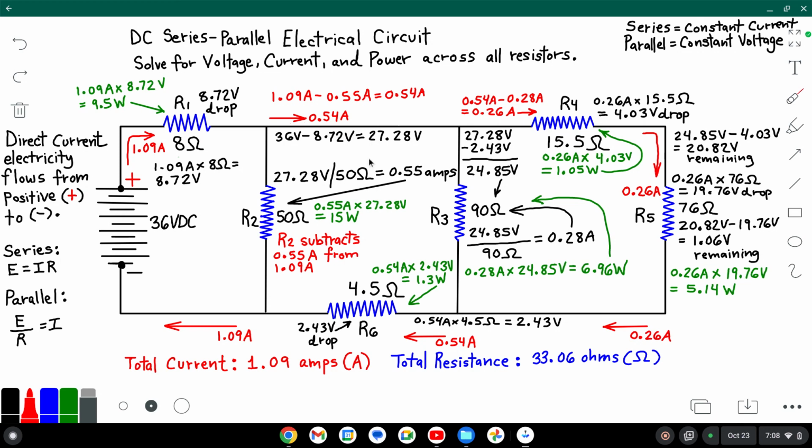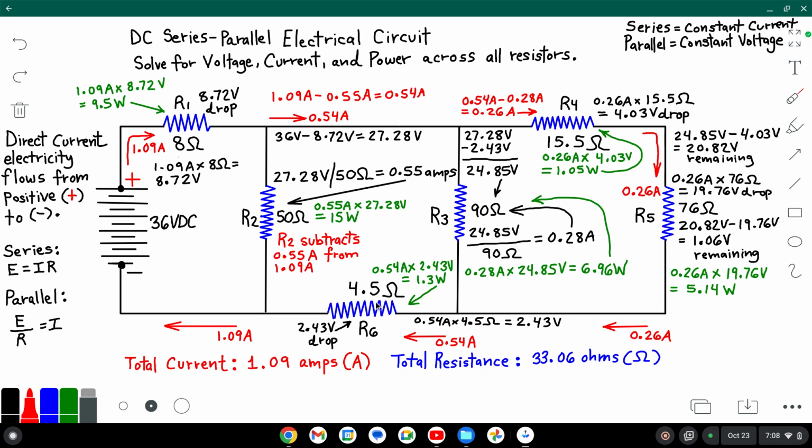However, we have to be careful because we also have a corresponding or mirror series resistor at R6 also drawing 0.54 amps across its series constant current pathway.